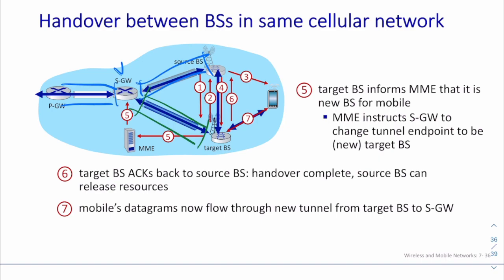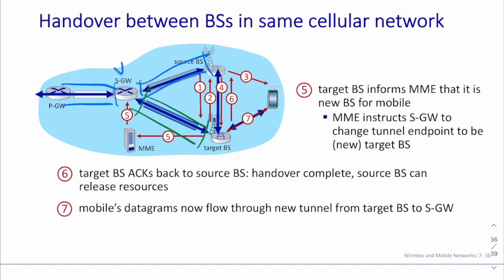So all the following movie traffic will be directly tunneled to the new BS. There will be a certain period of time when your packets will be delivered by the source BS and forwarded to the target BS.